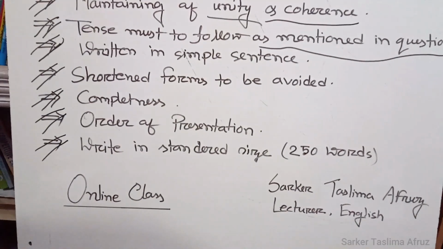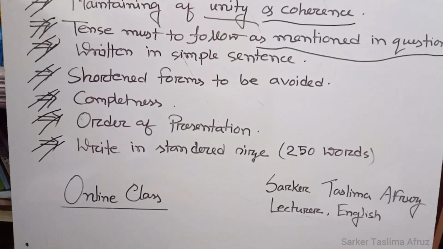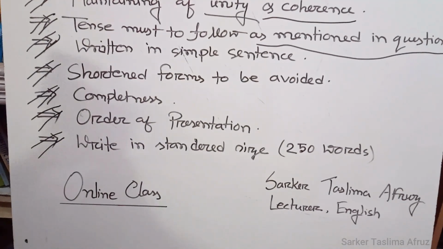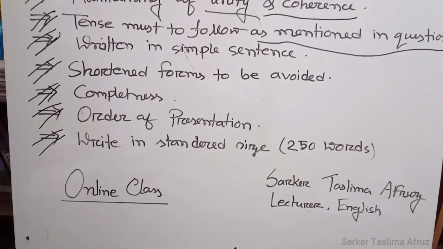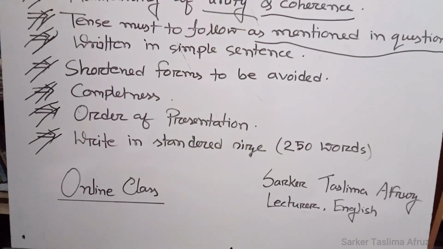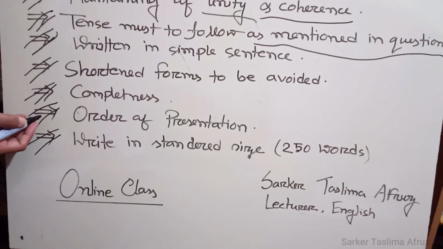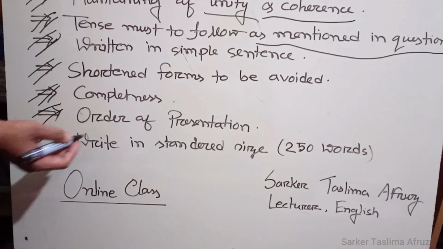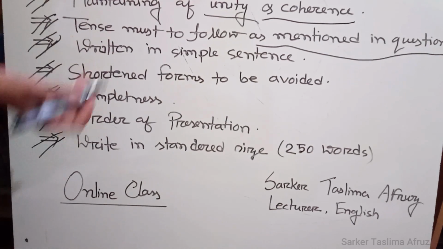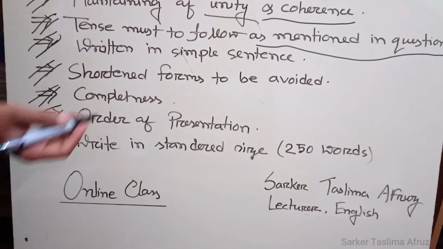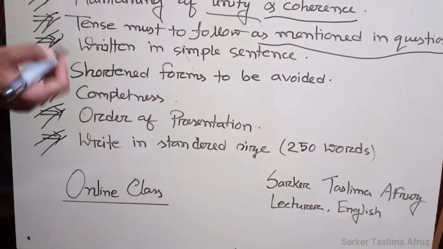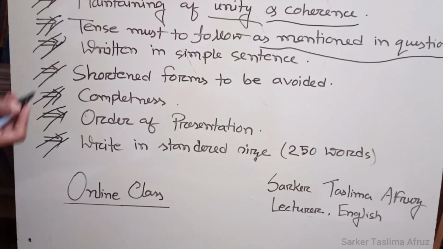If you have enough ideas, information, and relevant data, in that case you have to write everything as a whole. So next comes order of presentation. It is very important. It is related with coherence, logical order. Dear students, presentation is a very important thing for paragraph writing.